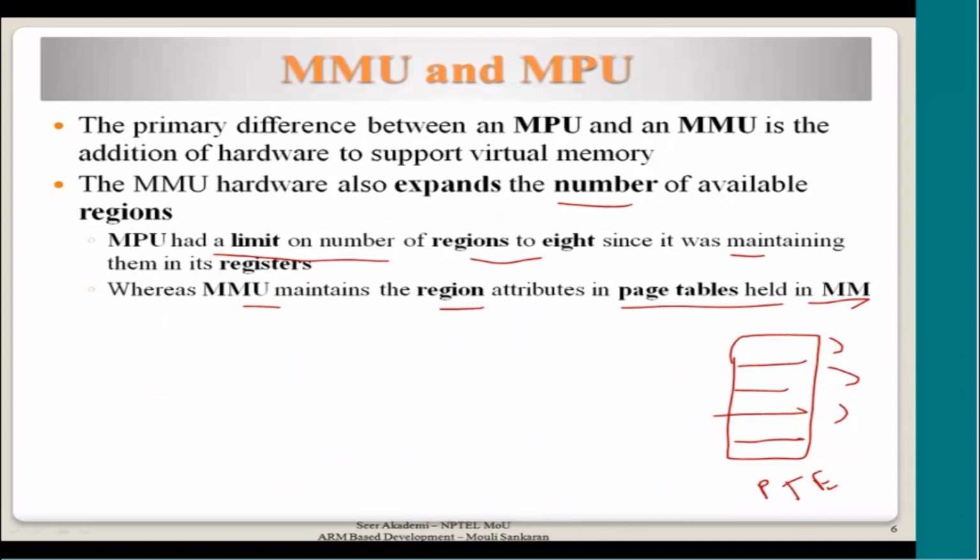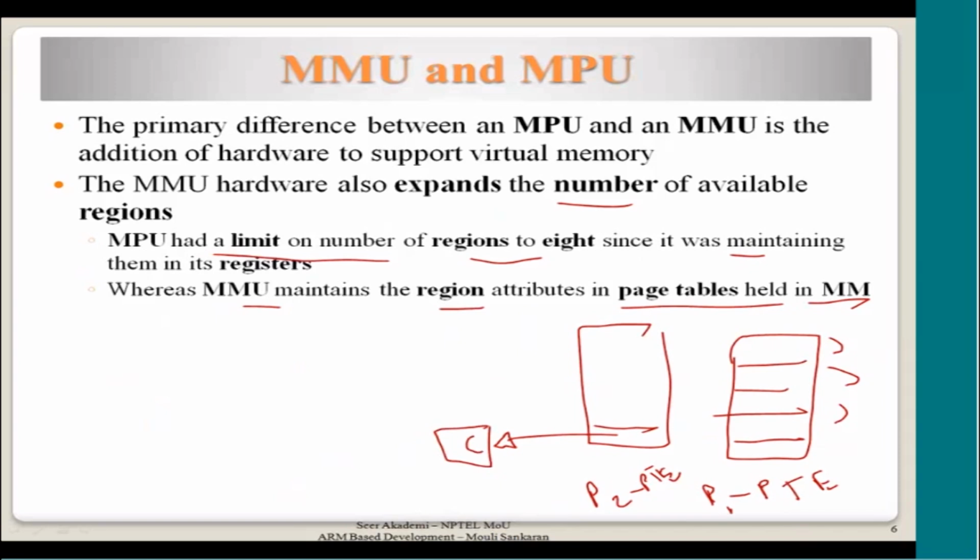For every process, as I told you, every process has its own page table. That means P1 will have its own page table, P2 will have its own page table. Each entry will correspond to one region. It could be a page meant for code, or another entry may be a page for the data. Multiple code pages will be there. Like that, many are there.